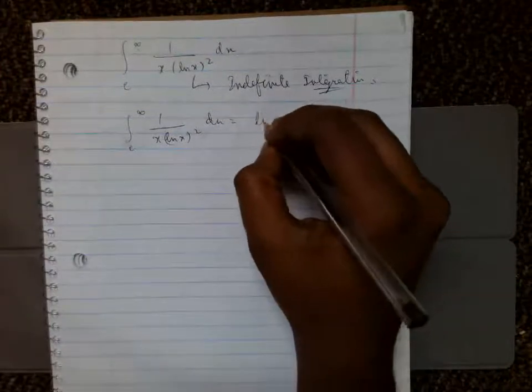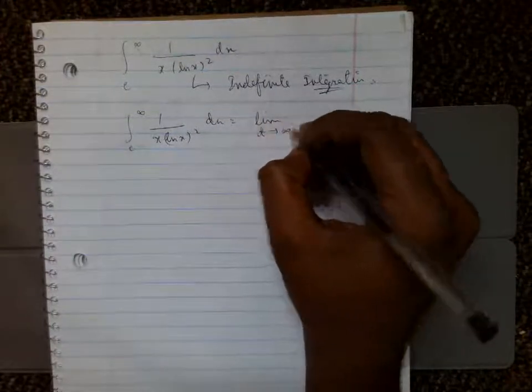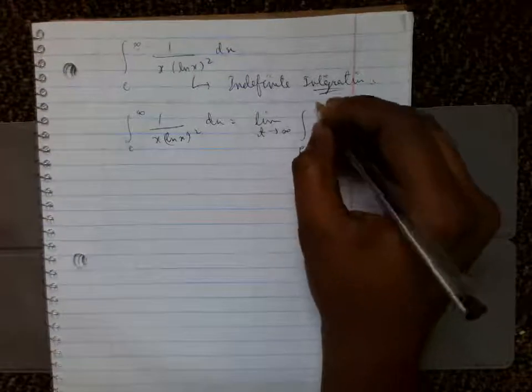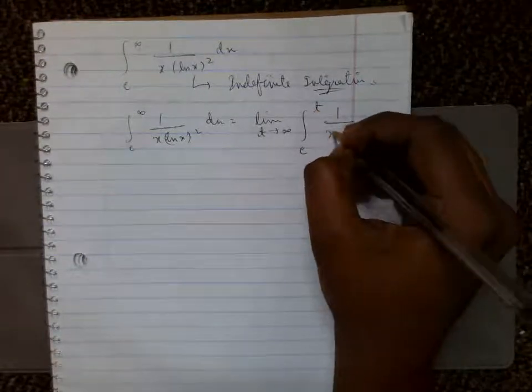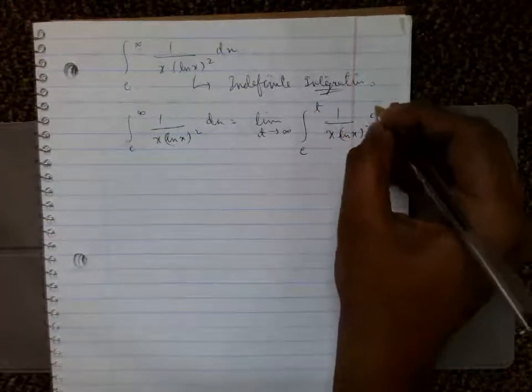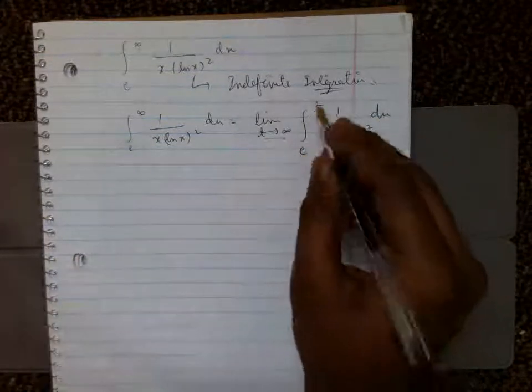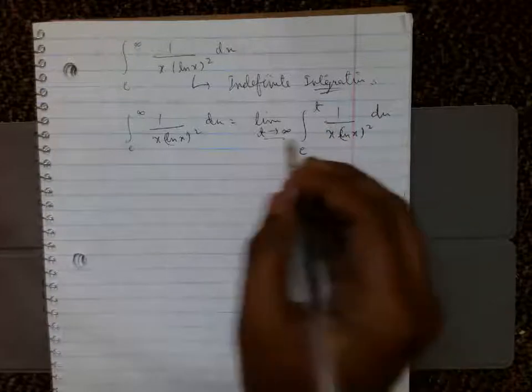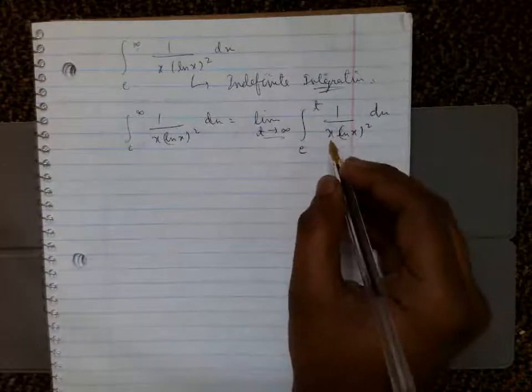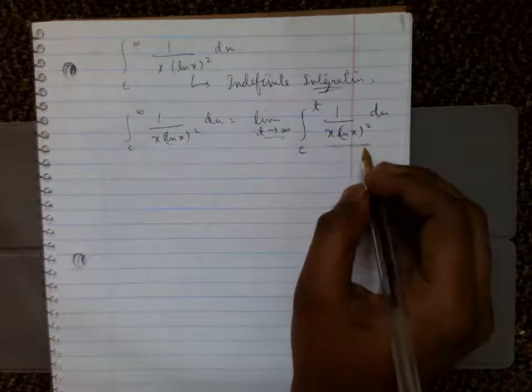The definition for this is limit of t tends to infinity integration from e to t 1 by x log x whole square dx. So the bounds would change to t.